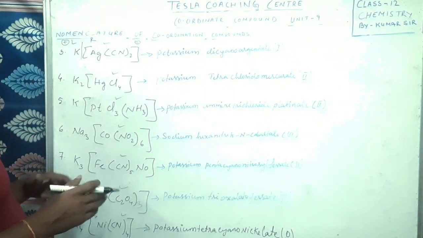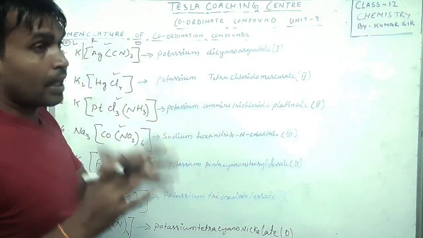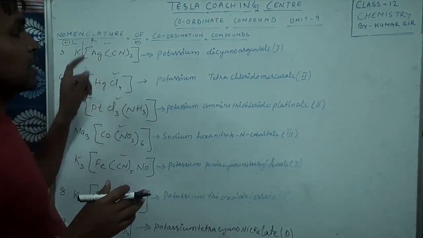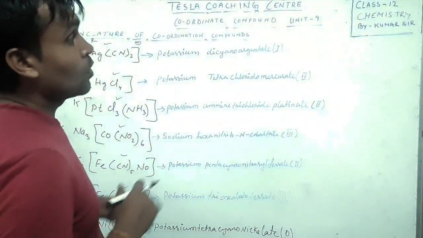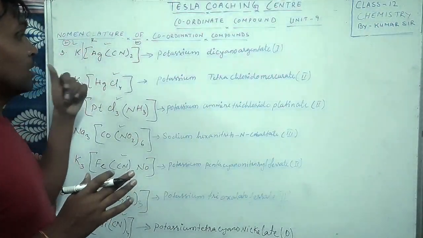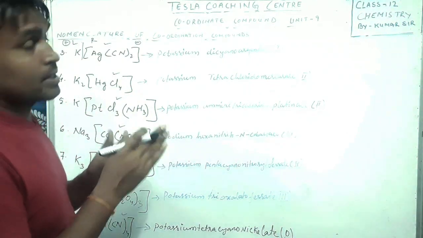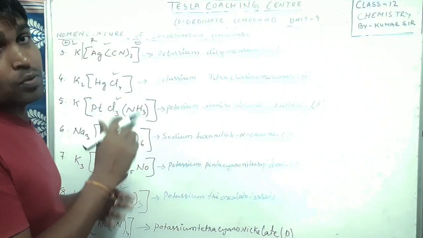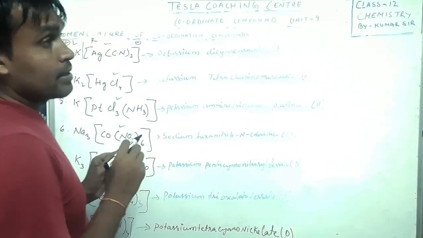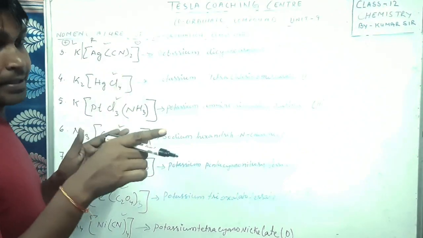And our coordination entities are treated as anion. Okay or not? So always remember, when the coordination entities are anion, then the name of the central metal atom will change. Remember, this is argent. Suppose cobalt is there, we will not write it as cobalt since it is on the anionic side, we will write it as cobaltate. Iron is there, so we will not write iron, we will write ferrate.